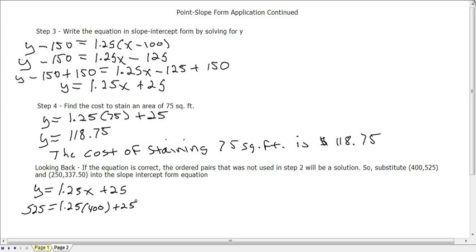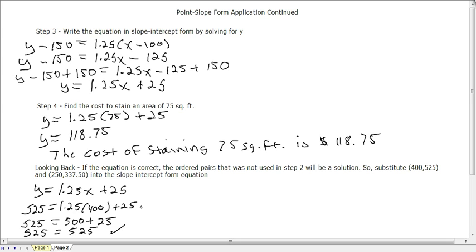When I do the math, I wind up with 525 is equal to 500 plus 25, and 525 is equal to 525.